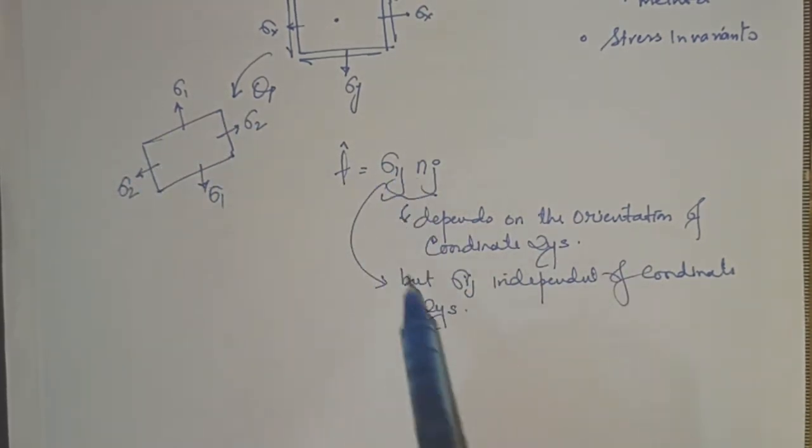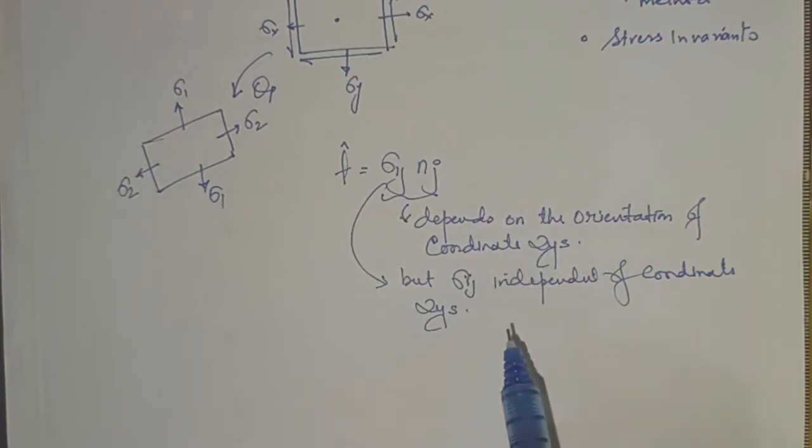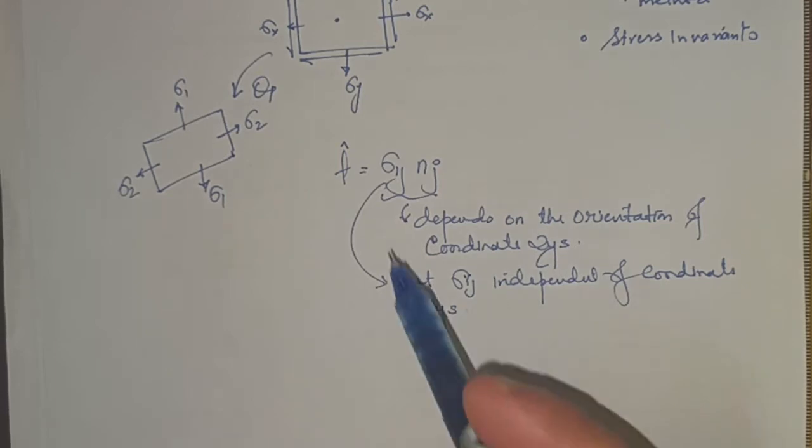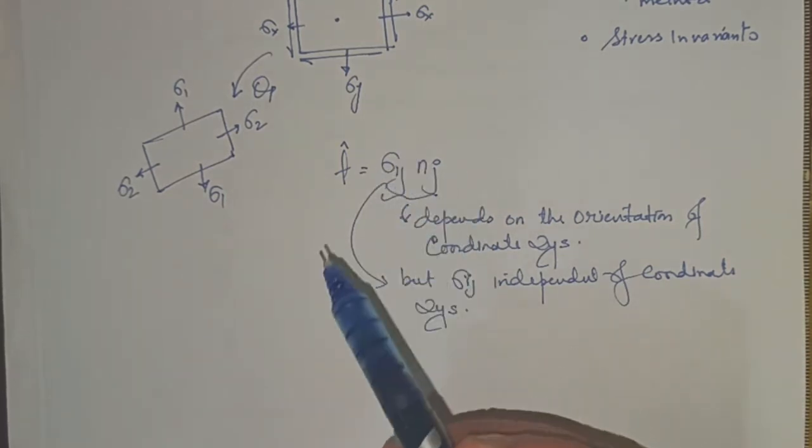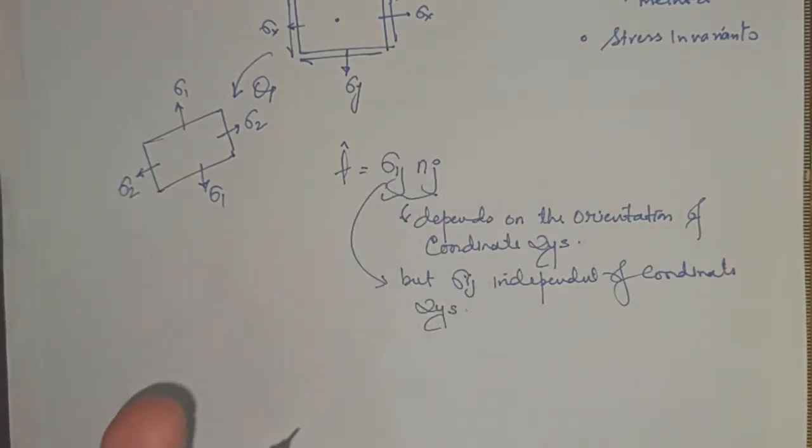But the components of the sigma ij are a kind of magnitude, and magnitudes are not directly related to the orientation. They are independent of the orientation.